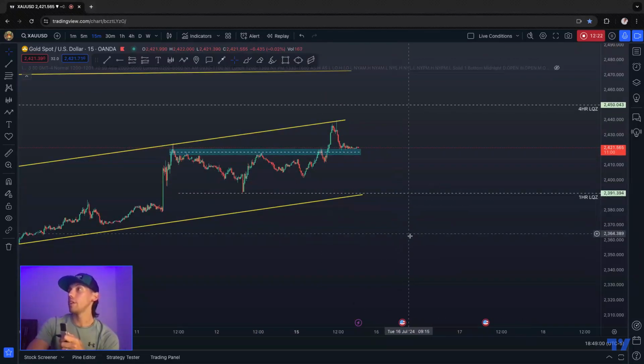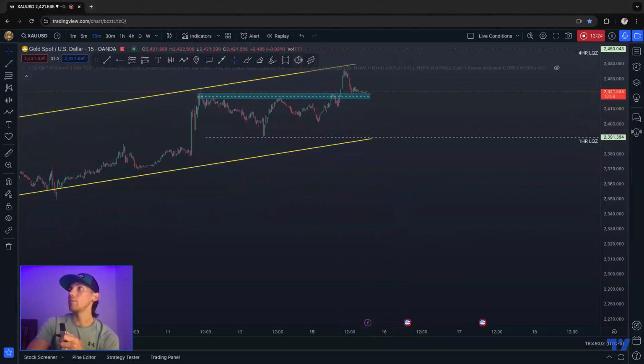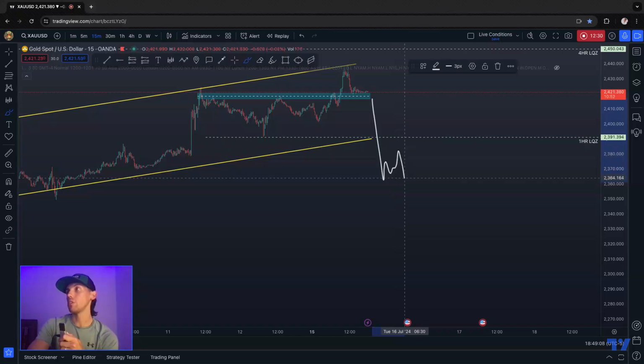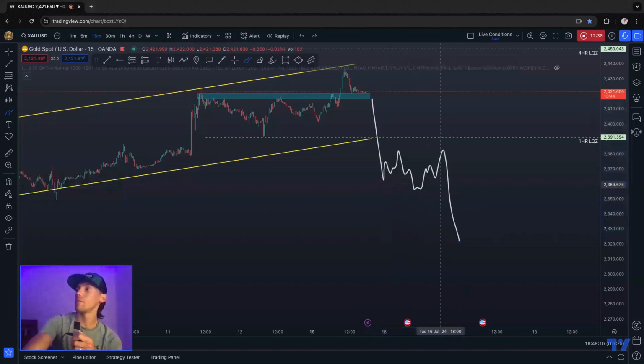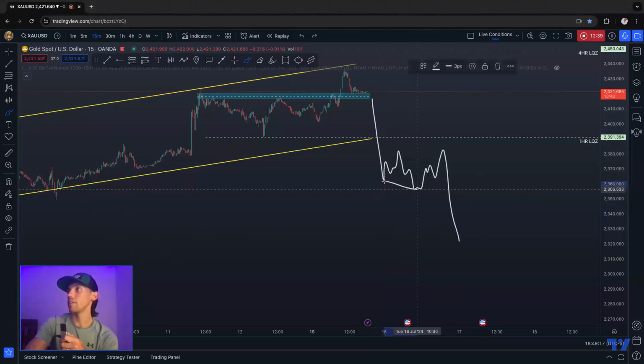But I do know that for me to start to look for sells in the market, I'm going to be looking for a push below here. Some type of bigger flag to form. Really not a fan of how that one drew out.